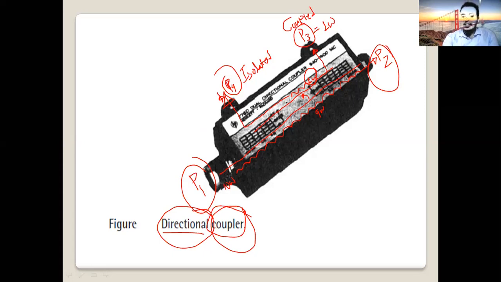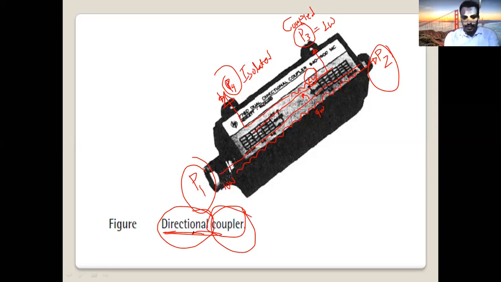But there is no perfect device. There is no perfection here. A small part of the coupled signal will transmit in the wrong direction and go to port number 4 in the opposite direction. But what we need is for the signal to be transmitted in one direction. That's why it's called directional.